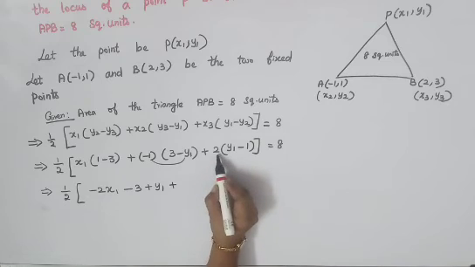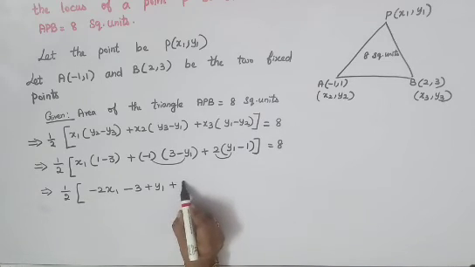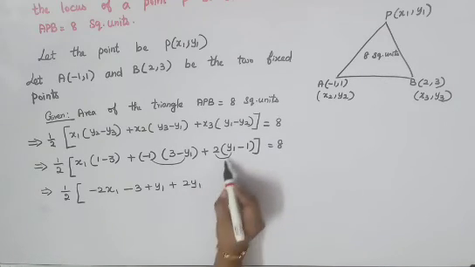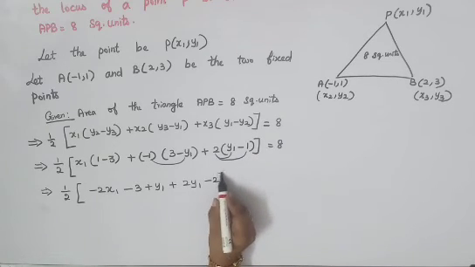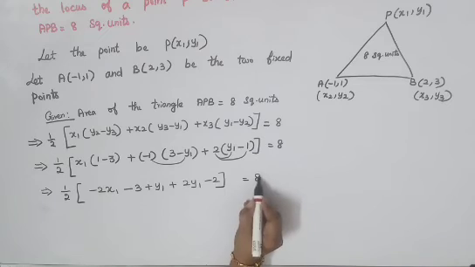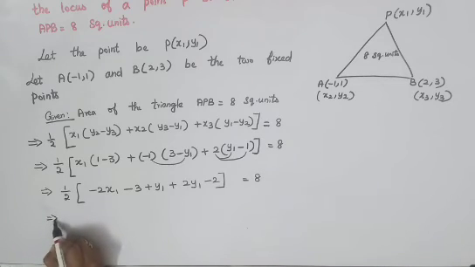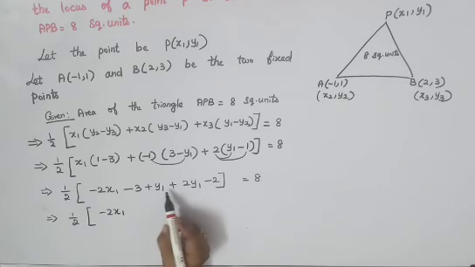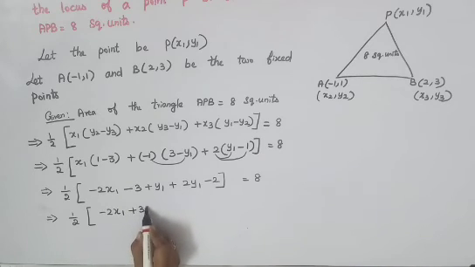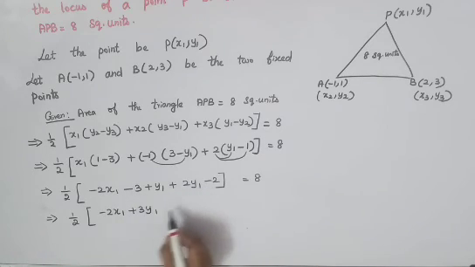Again plus, multiply this 2 into y1 you will get 2y1. Again 2 into minus 1 you will get minus 2, which is equal to 8. That implies 1 by 2 into minus 2x1 as it is. Here plus y1 plus 2y1. So plus 3y1 minus 3 minus 2 will become minus 5, which is equal to 8.